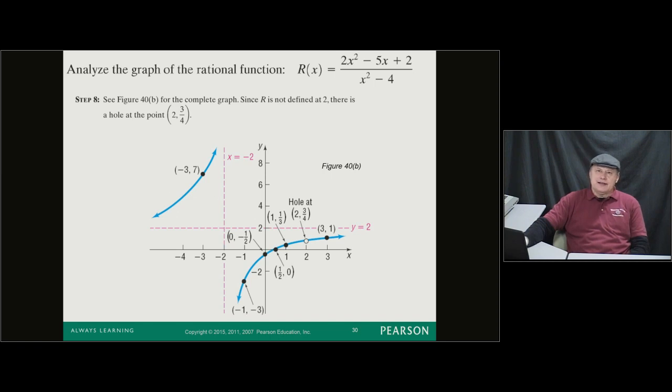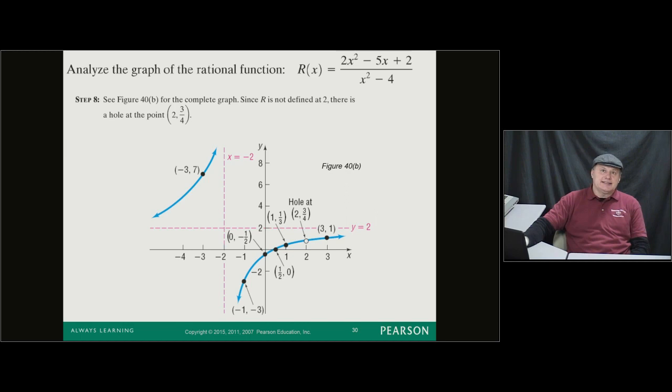The big thing I'm trying to get across to my students is to make sure that the shape is right. You don't have to do all the point plotting that Sullivan is doing here. They're good to have as long as you're accurate.